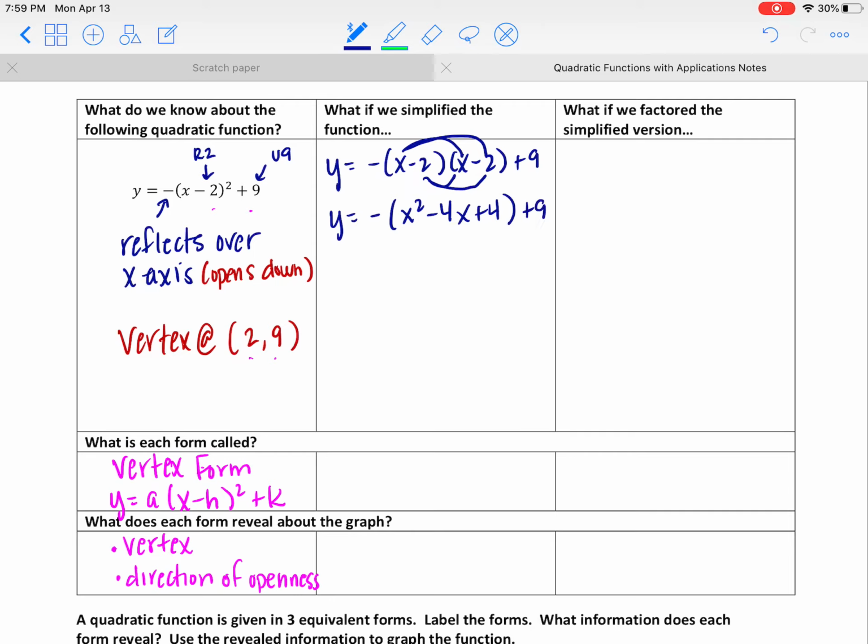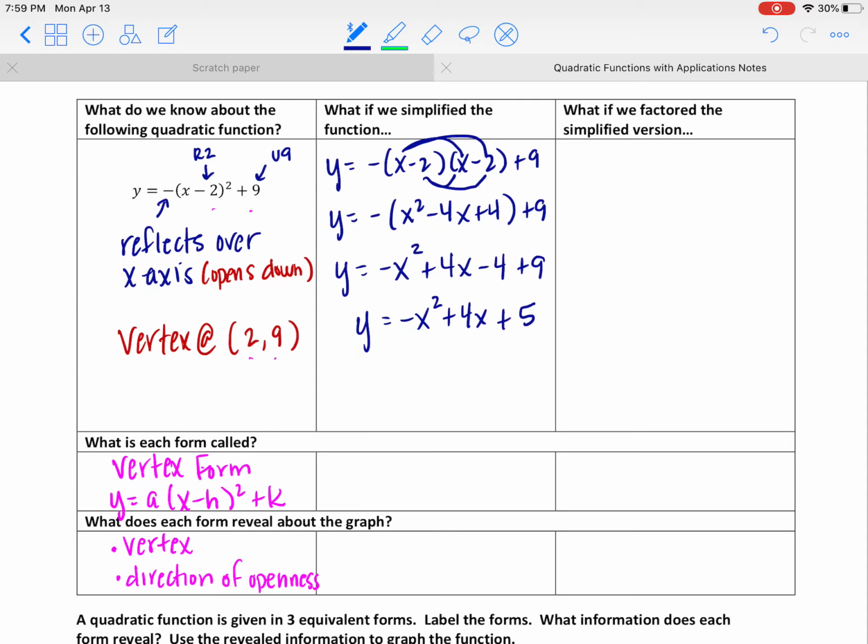And then a negative 2 times negative 2 would be a positive 4. If I distributed the negative, it makes it a negative x squared, makes it a positive 4x, and it makes this a negative 4, and now I can actually add the 9. So we'd be looking at a negative x squared plus 4x, and then negative 4 and positive 9 makes a positive 5.